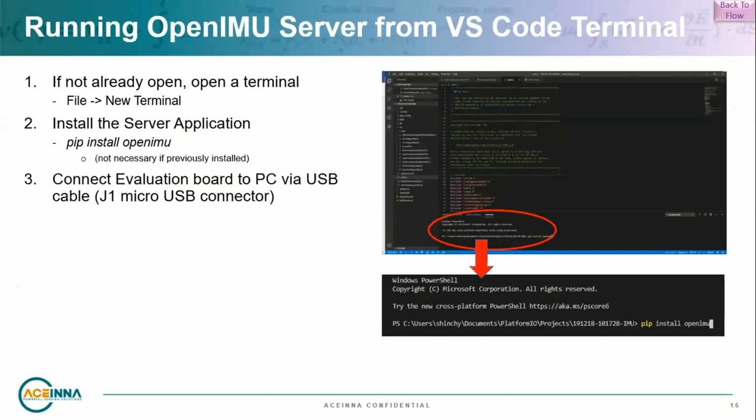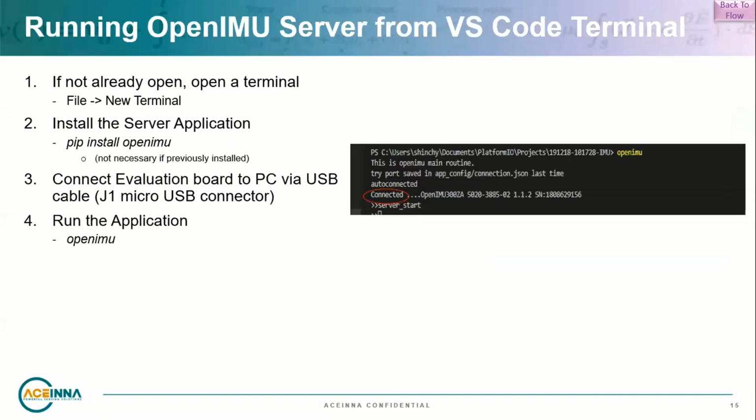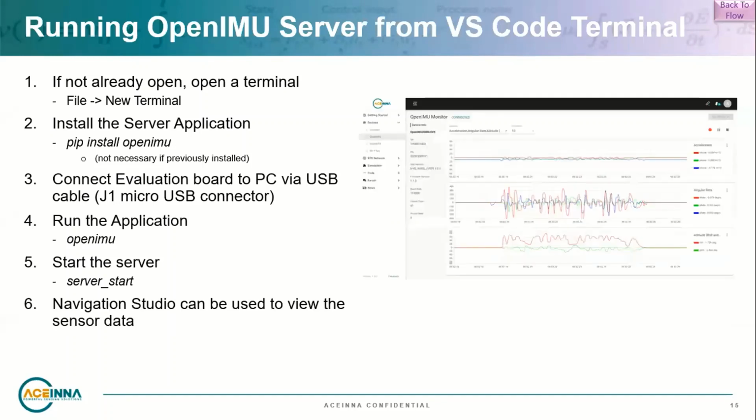Make sure you have the evaluation board connected to your PC through the USB cable, and then run the application with the command openimu, and it connects directly to the unit. Then you have to start the server. The command is server_start. Finally, you can use the Navigation Studio to view the data in real time. And you can type stop or exit to stop the server.